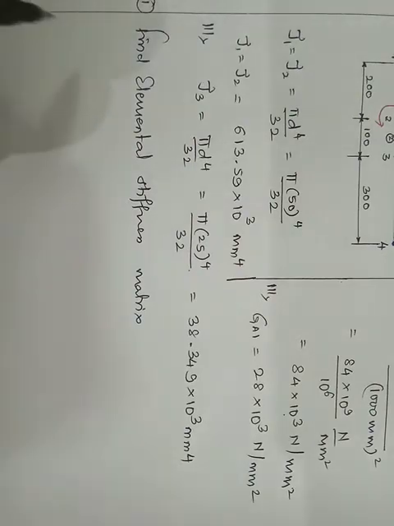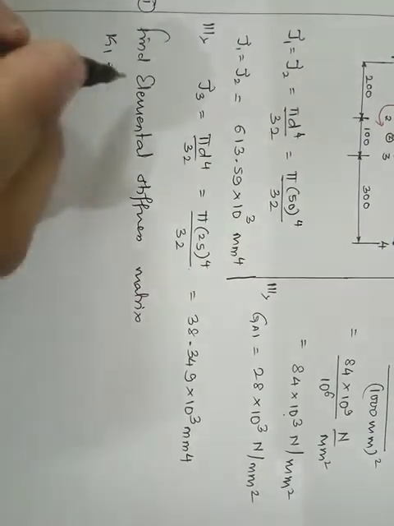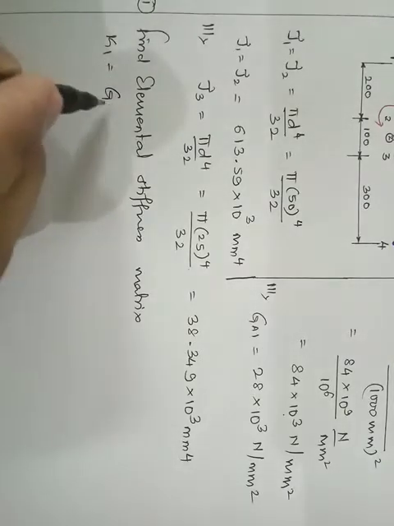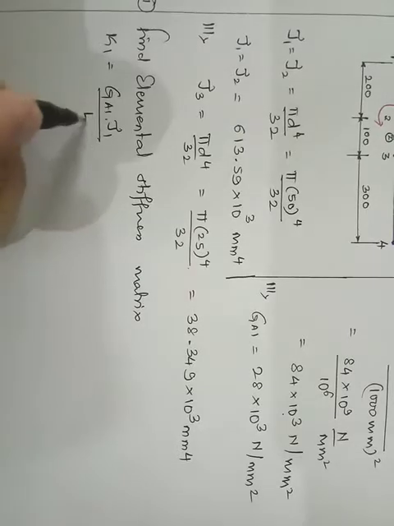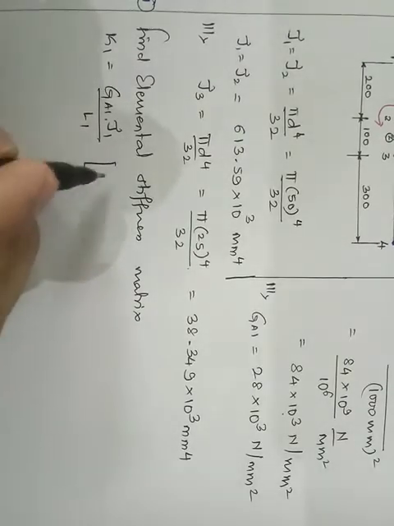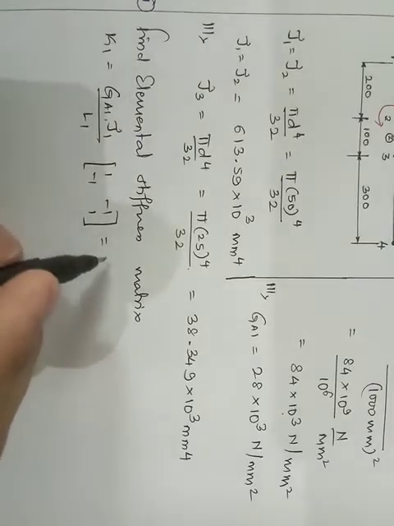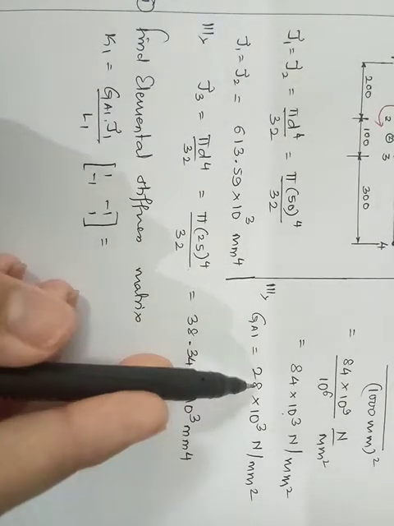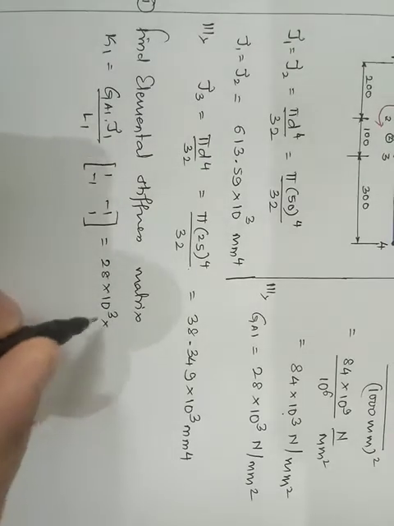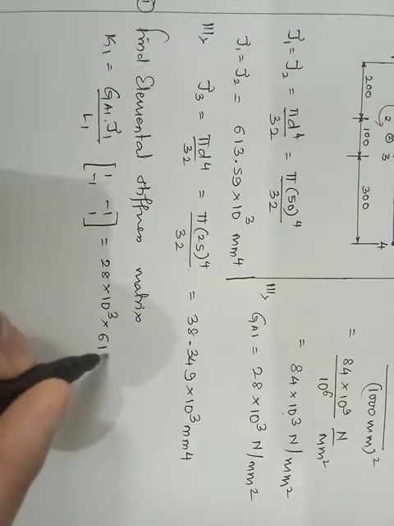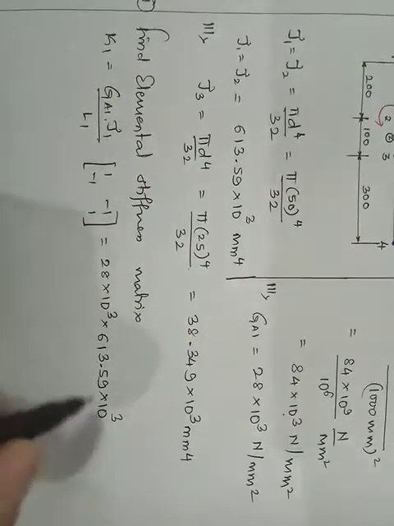Okay, elemental stiffness matrix formula, you know, K1 is equal to G of aluminium into J1 divided by L1, times the matrix 1 minus 1, minus 1 1. So G of aluminium is 28 into 10 raised to 3. J1 I calculated as 613.59 into 10 raised to 3.